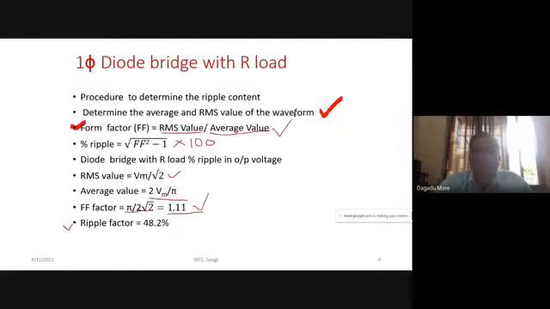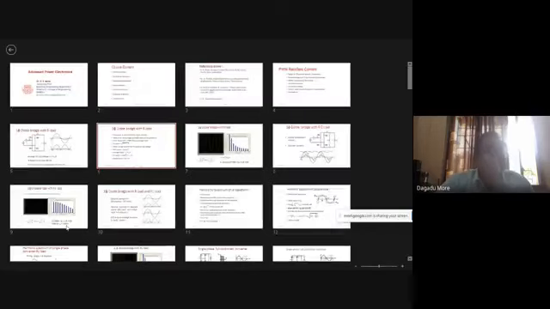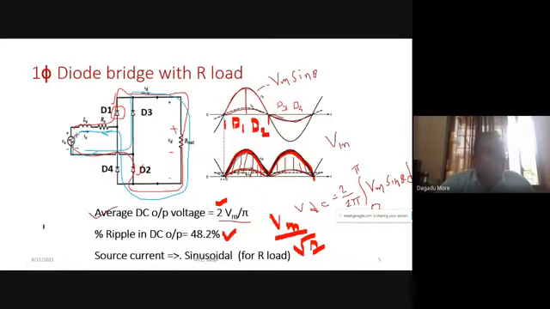Whenever we put an inductor in series with the resistance, what change will there be? When you put a large inductance, how will our DC current be?